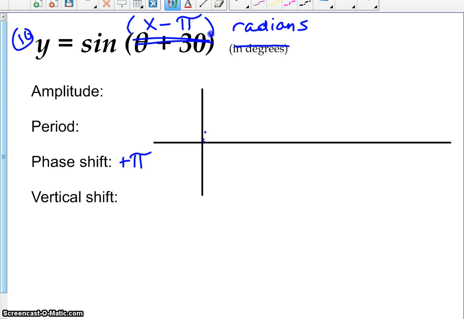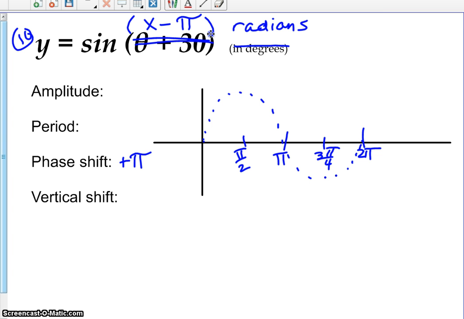Okay, so usually if I was in radians, this would be 2 pi, excuse me, this would be pi. This is pi over 2, my 90. This is 3 pi over 2, which is 270. Now I'm going to shift it. Now I'm shifting this to the right. All right, so I'm shifting a positive pi.